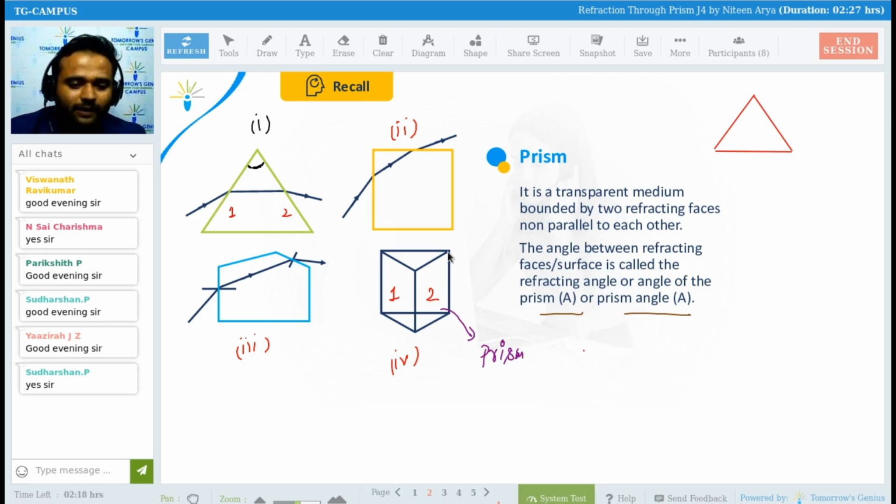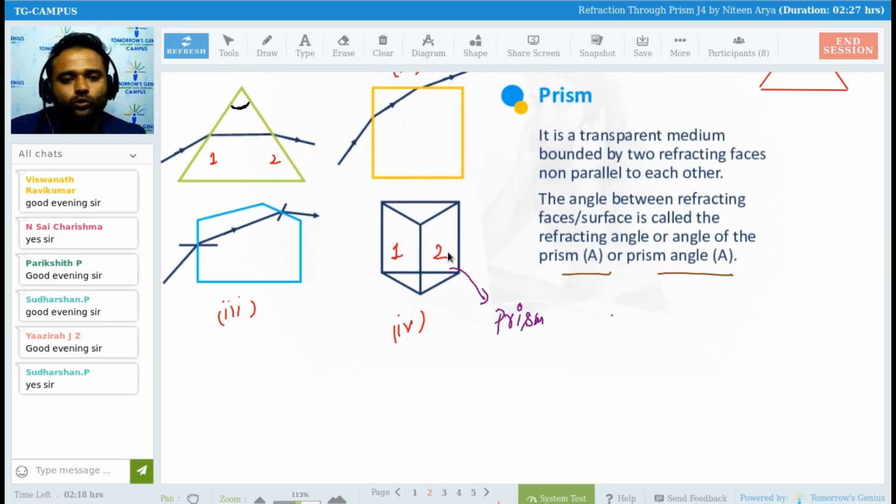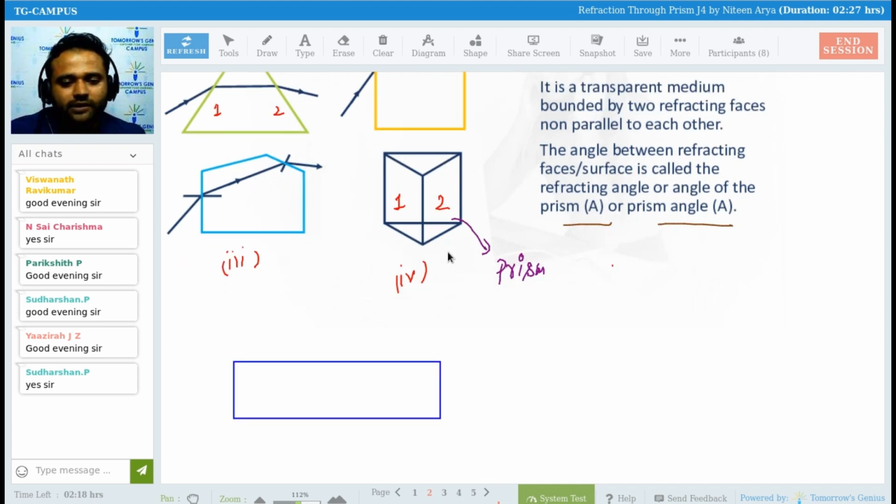In the previous class, we understood refraction through a slab. Here also we have two surfaces. What is the basic difference between refraction in a prism and in a normal glass slab? In a normal glass slab, the two refracting surfaces are parallel to each other.